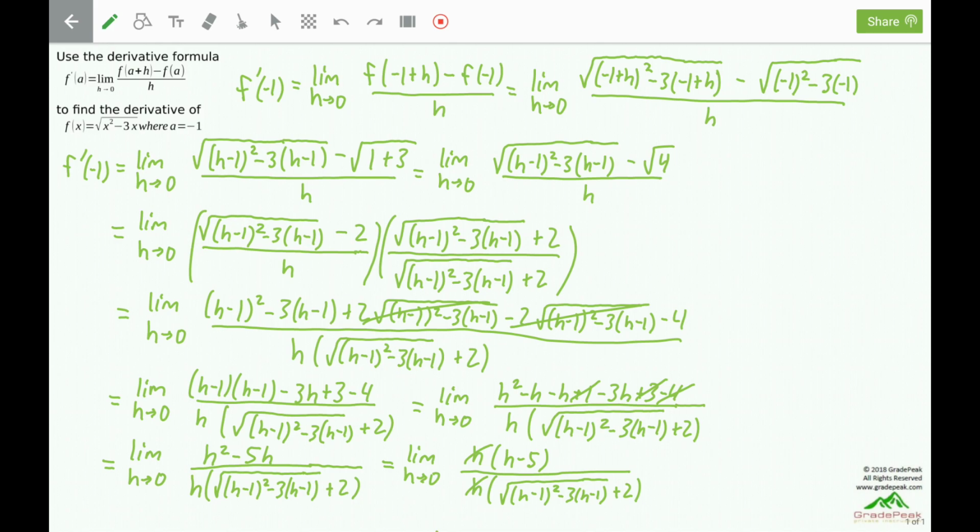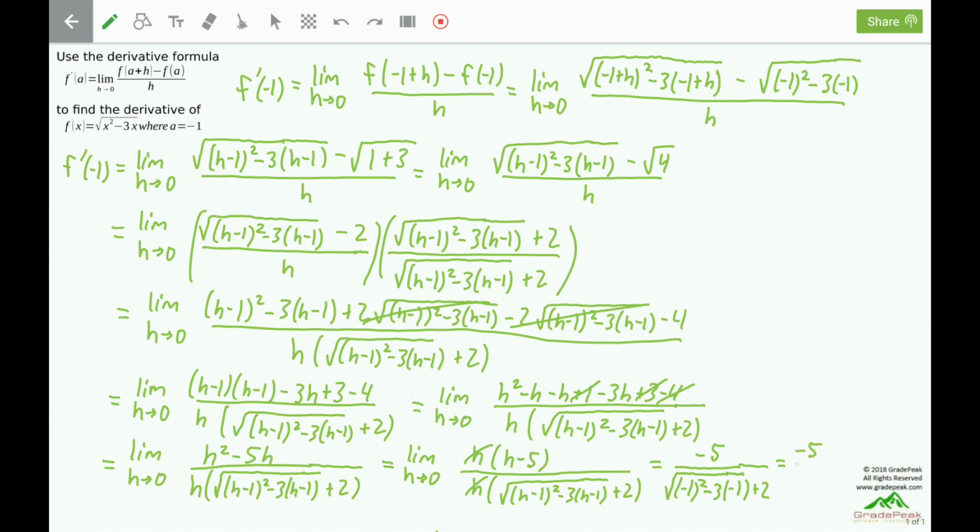At this point, we should no longer have the 0 over 0 indeterminate form, and we can plug a 0 in for the remaining h's. In the numerator, that will give us a negative 5. In the denominator, that will give us the square root of what will be h minus 1. 0 minus 1 will be negative 1 squared, minus 3 times h minus 1. 0 minus 1 will be negative 1. All that's under the square root, and then add that to a 2.